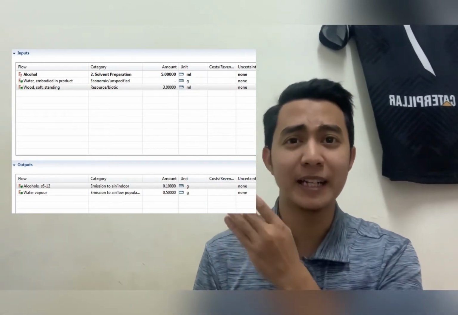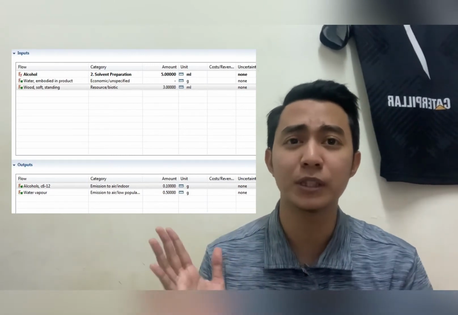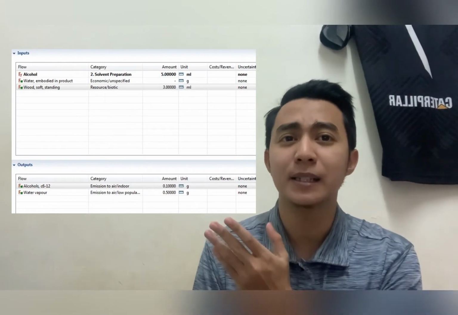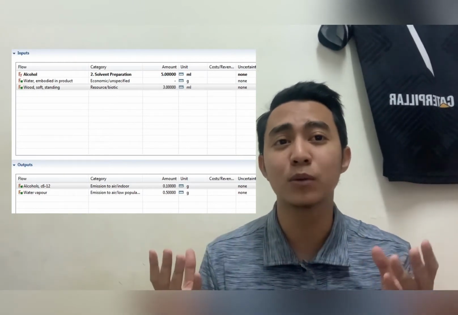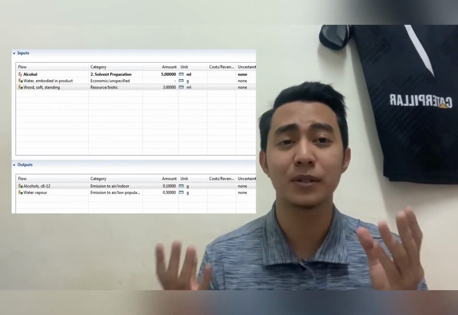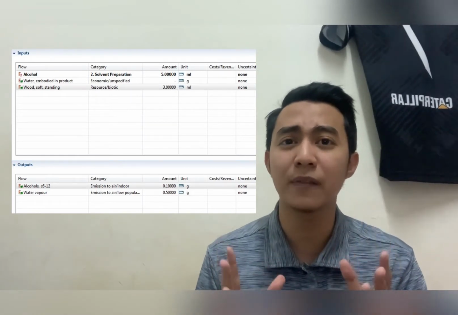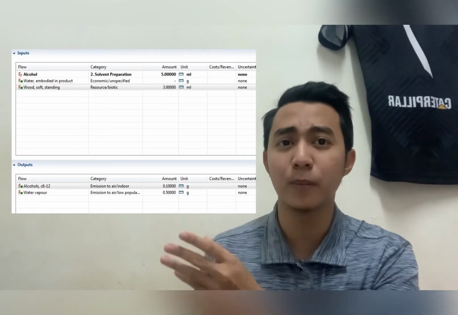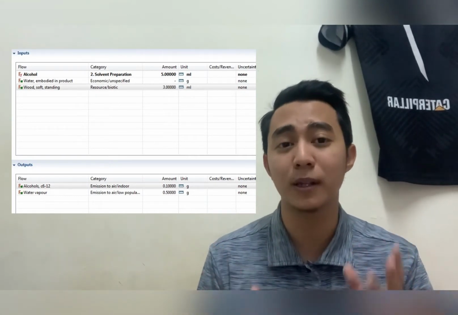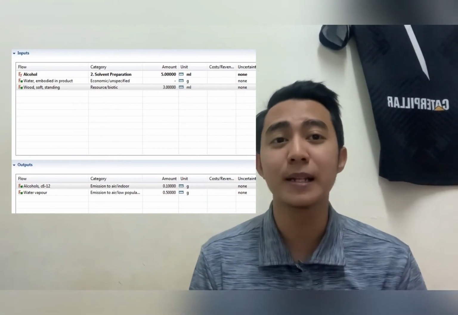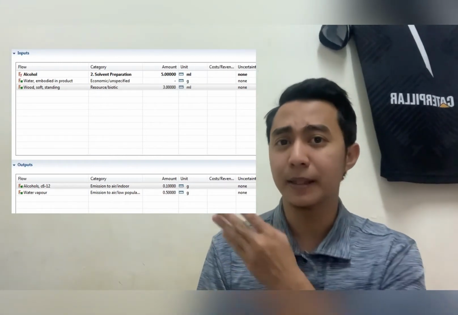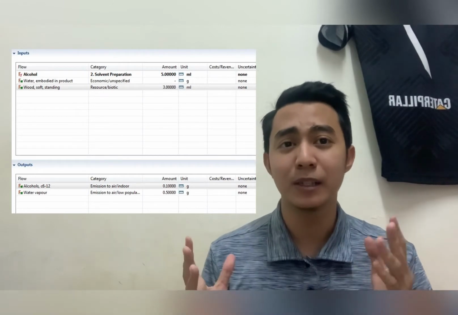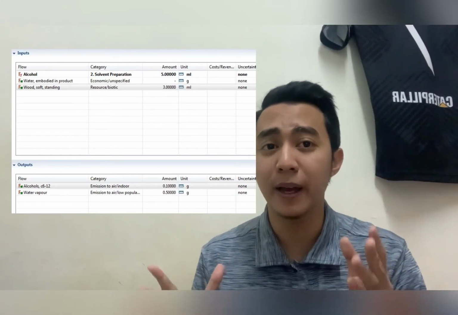The inputs for this process are alcohol 5 ml, tap water, which runs continuously to the condenser in the extraction process so it doesn't have a specific amount, and the powder form of wood mixed with water, which is 3 ml. And the output here is alcohol and water vapor, which will be emitted to the air and the surroundings.